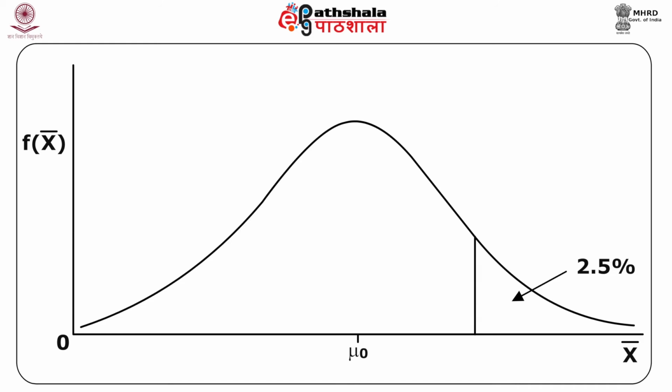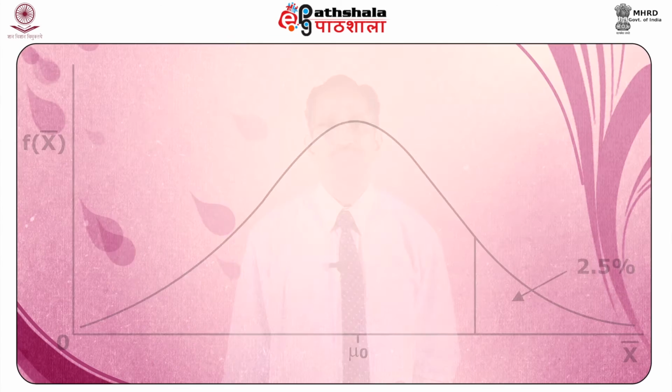So in this figure, we again have the normal distribution of x bar, the density function of x bar, but now our area of rejection is the upper tail, and we have denoted it as 2.5%. Now we could also perform a 5% test by just increasing this rejection region to that extent. Note that the alternative could have another possibility where mu is greater than mu 0 or mu is less than mu 0.